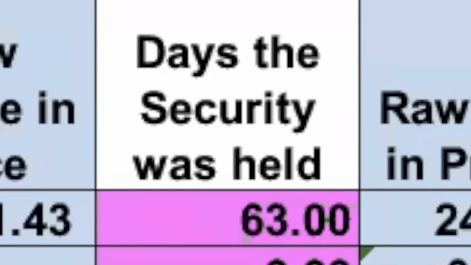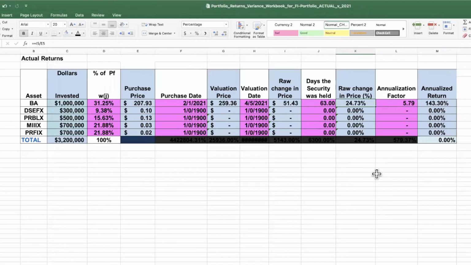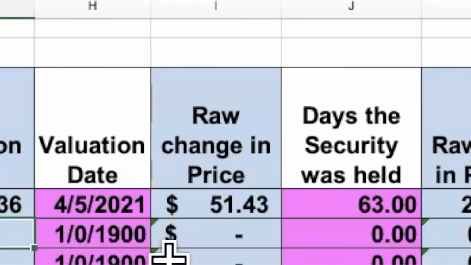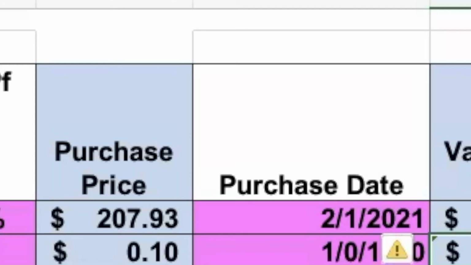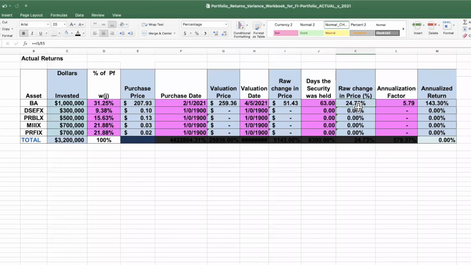I've also calculated the raw percentage change in the price. And when I say raw percentage change, I mean just that percentage change of the price over the course of that 63 days. So the way I calculate that percentage is I take this $51.43 and divide it by this purchase price, $207.93, and we get a raw change in the price of 24.73%.